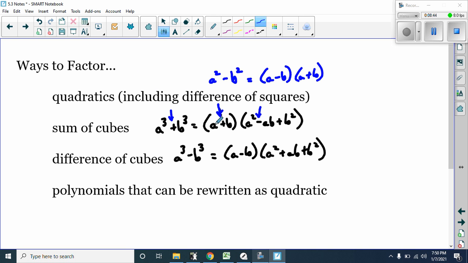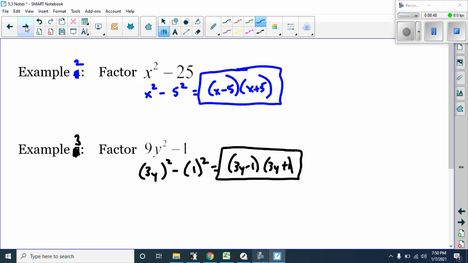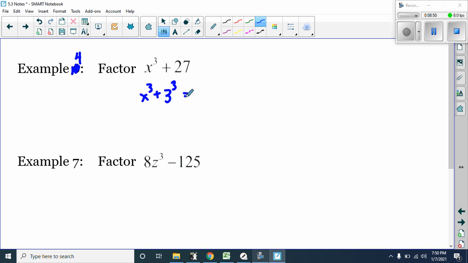So sum of cubes, it's the first one, same sign, the second one. So the first one, x, same sign, it was plus, keep it plus, the second one. And then the second factor is the first one squared, x squared, opposite sign, it was plus, now it's minus.